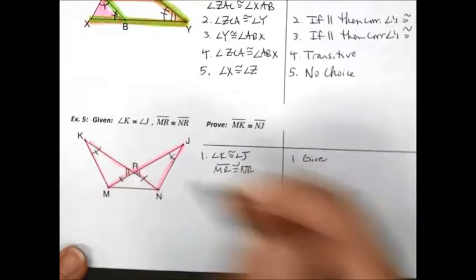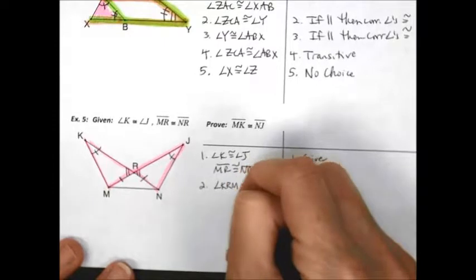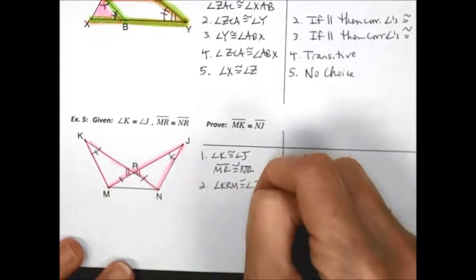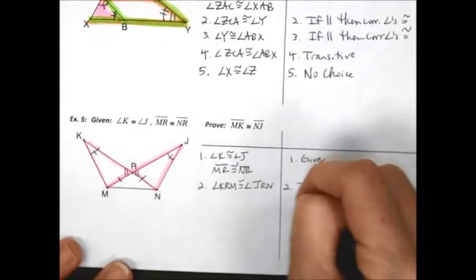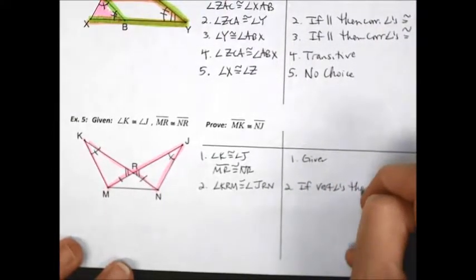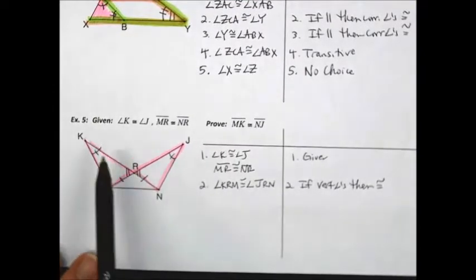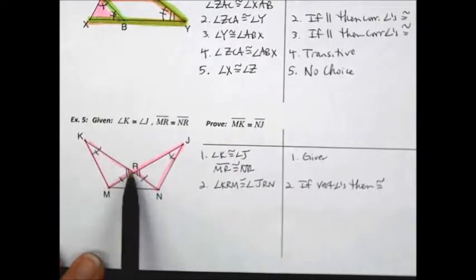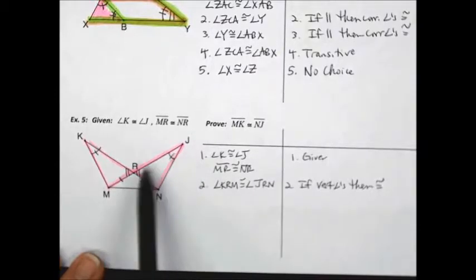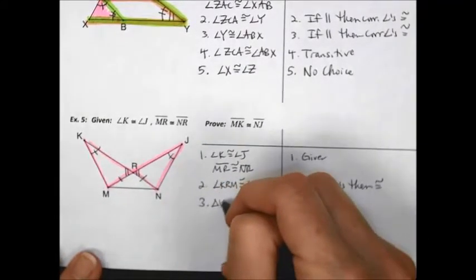What kind of angles are these? Angle KRM is congruent to angle JRN because they are vertical angles. So if vertical angles, then congruent. Now I think your triangles are congruent by that new theorem. Look at what we have. Angle, angle, side. Angle, angle, side. So pay attention to the ordering.